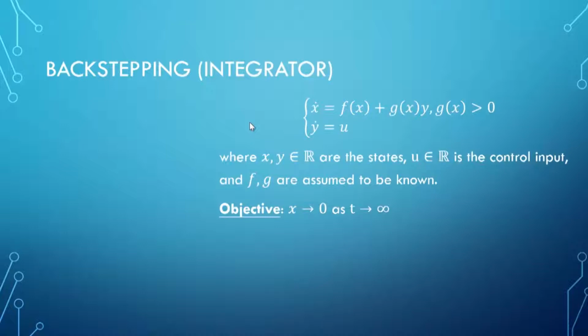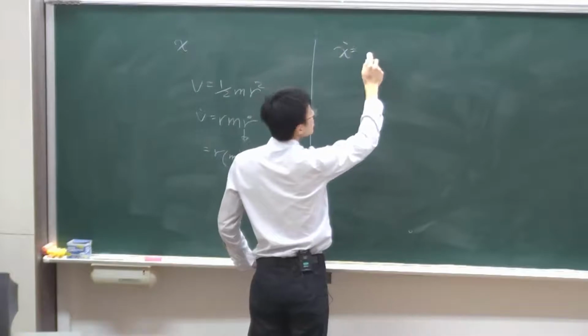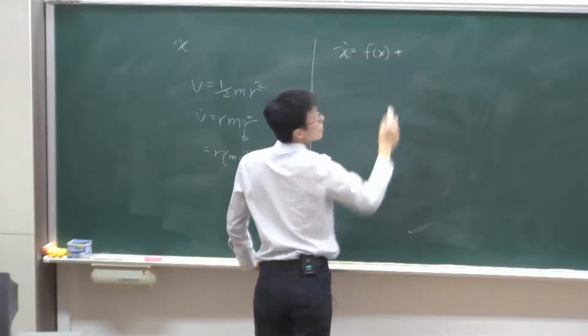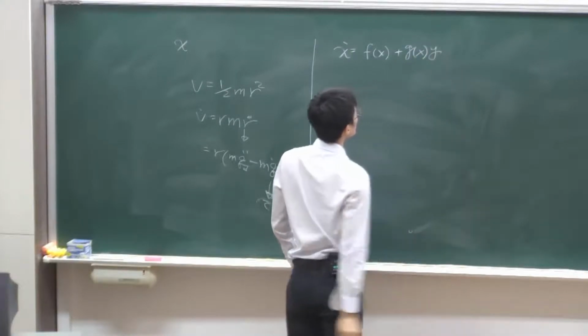So let me give you a simple example, the first order case. The objective is we want X to converge to 0 as t goes to infinity, and X is in here. However, this Y is not the control input U, okay? But control input U controls the Y dot, not Y, okay? X dot equals Fx plus G X Y, okay?